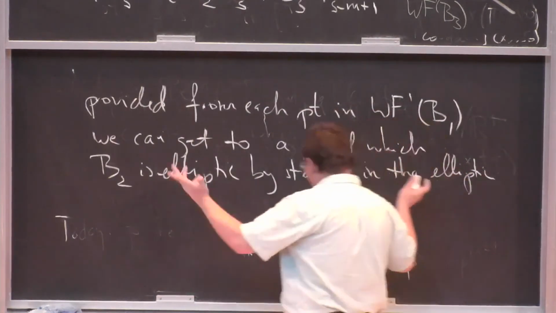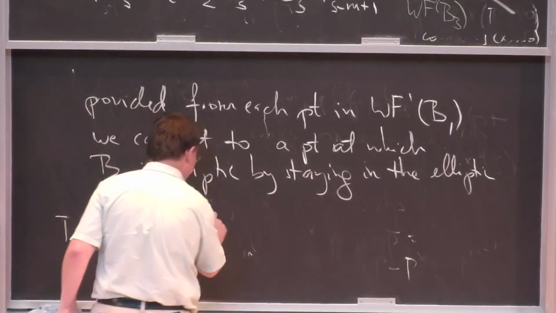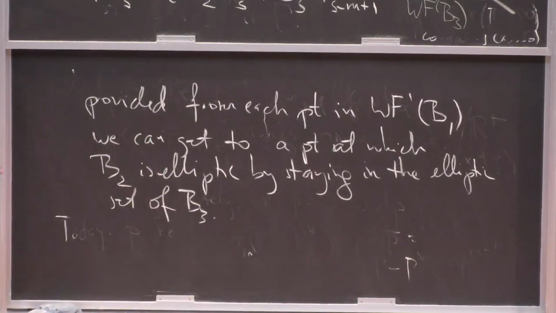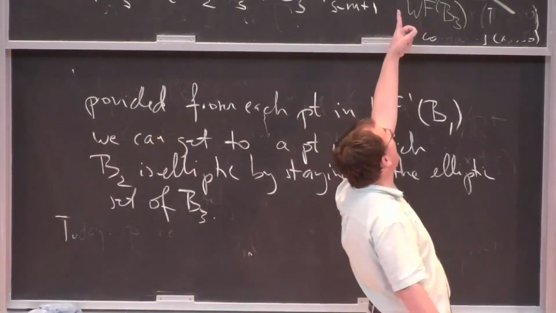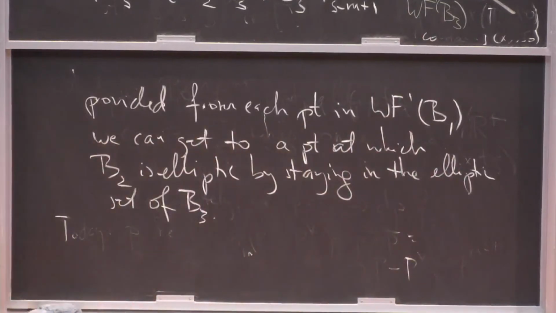So if from any point in the red region I can get to the yellow region by staying in the green region, then I have an estimate like this. That's the statement of propagation of singularities.